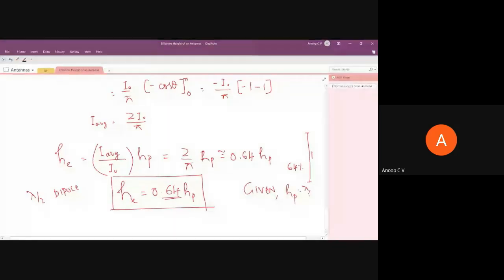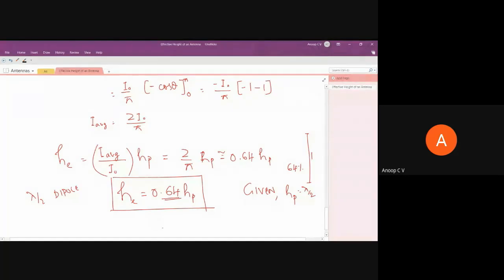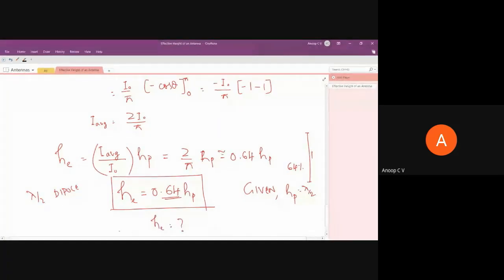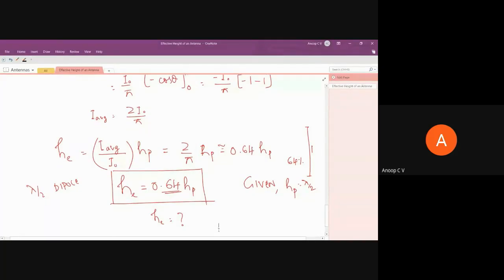So you substitute HP equal to lambda by 2 here, and you will get the effective height of a half wave dipole antenna. If we substitute HP equal to lambda by 2, what will be HE? You can find that out. I'm not solving it.